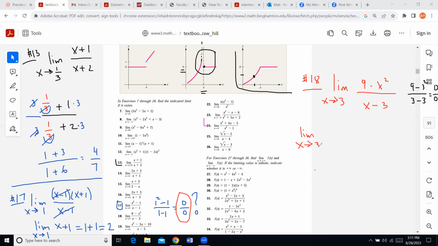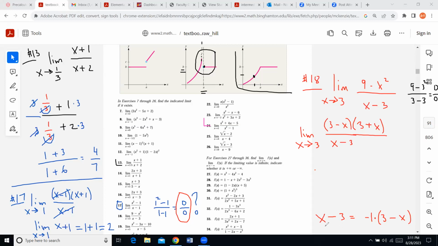So we get a numerator to factor, and I can factor it as 3 minus x multiplied by 3 plus x. So I have this kind of indeterminate form, and the question is, can I cancel this 3 minus x and x minus 3? And the answer is yes, I can commute x minus 3, put it as 3 minus x, if I take the -1 out.